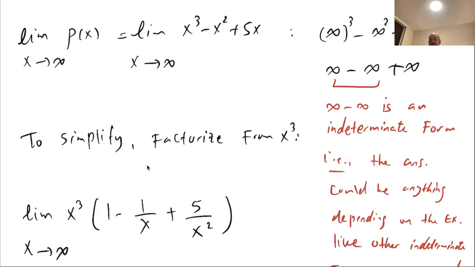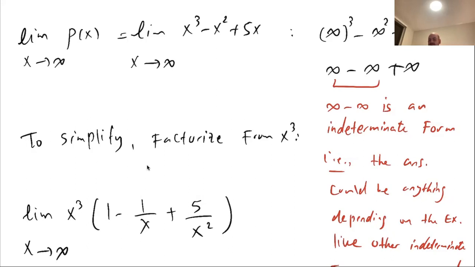For example, 1 million minus 1,000 is a very large number, but 1 million minus 10 million is a very large number with a negative sign, or 1 million minus 999,999 is just 1, right?